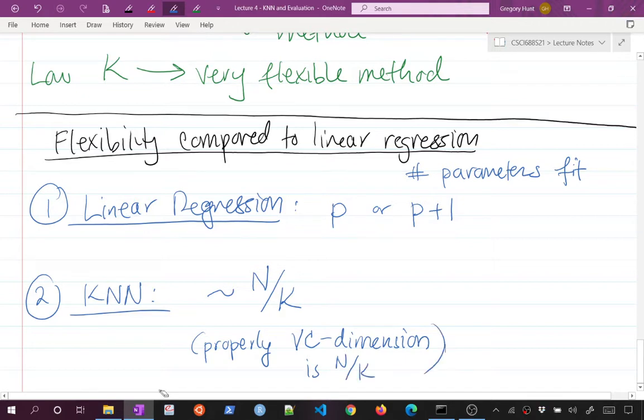So there's this kind of computer science-y statistical learning concept called VC dimension. For an algorithm like KNN, you don't really have parameters per se, so you can't really count. Like in regression, I have beta 0, beta 1, beta 2, so it's easy to count them. For KNN, you don't really have those parameters to count. Nonetheless, there's a theory called VC theory, and you can come up with a kind of dimensionality of the functional space over which you search, right?